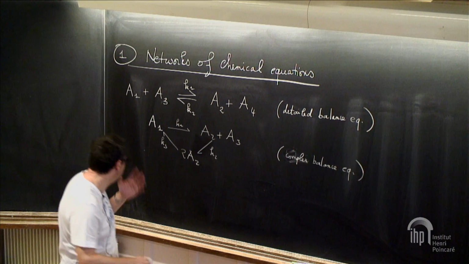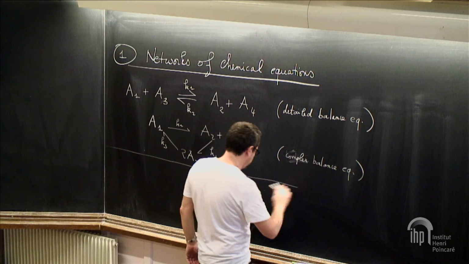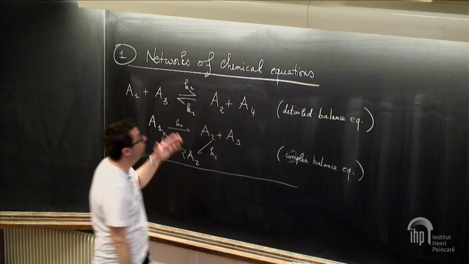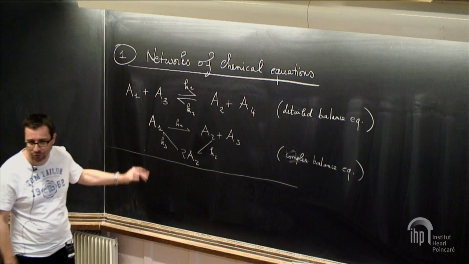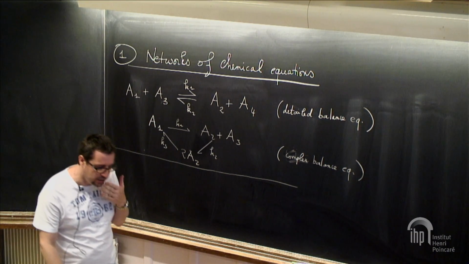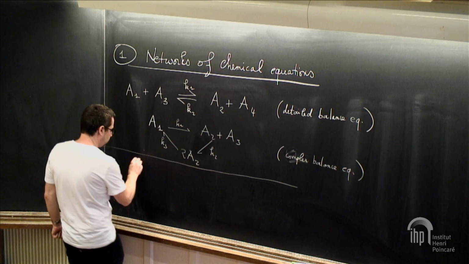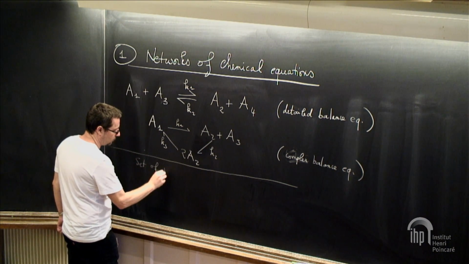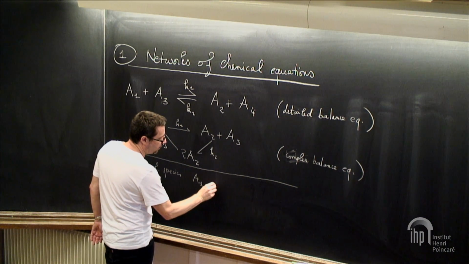And just let me explain what is a general definition of a network of chemical equations. And I will never use it in the future. It's just to show to you how this generalizes. So the idea is that you consider a set of species which you call A1 to AN.